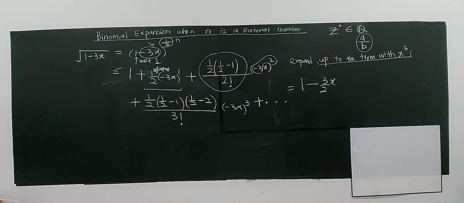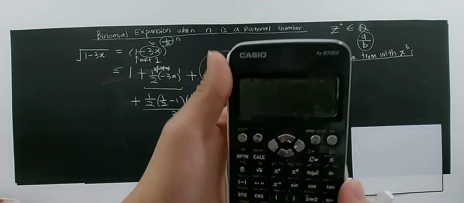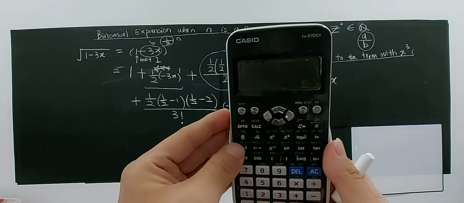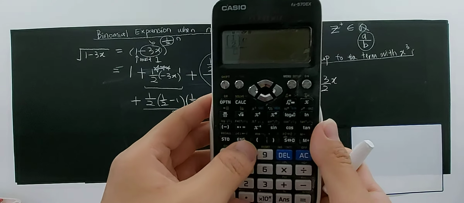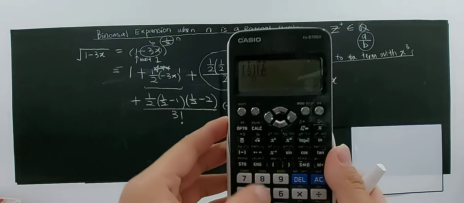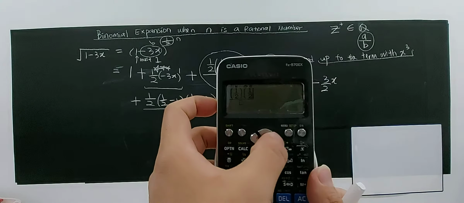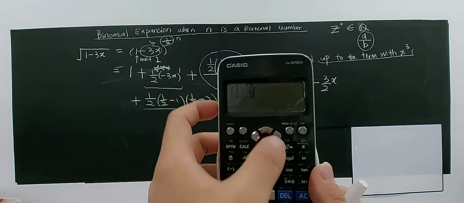You have to be careful when you use the calculator. So you use the fraction key, key in the fraction, then you put bracket 1 over 2, bracket, then you have 1 over 2 minus 1, right?